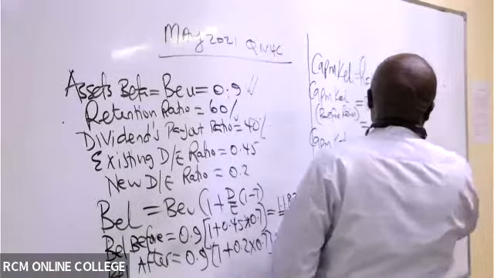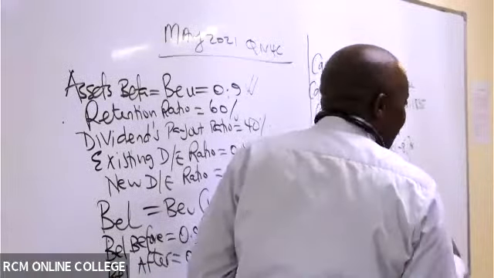But now the beta of equity of a levered firm is after reconstruction, and after reconstruction we have this 1.026. So we have here 1.026. Are you able to give me this answer? 18.26%. Thank you so much.